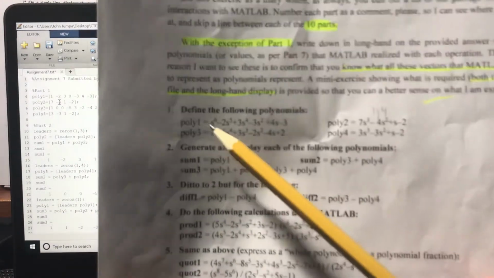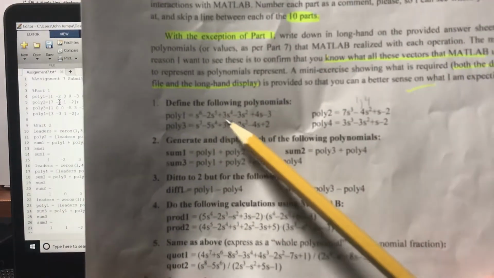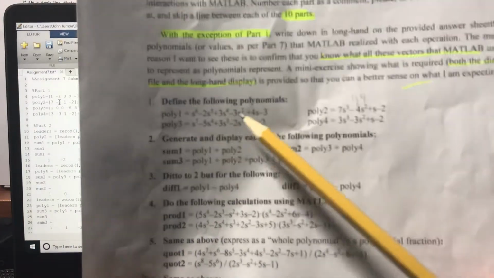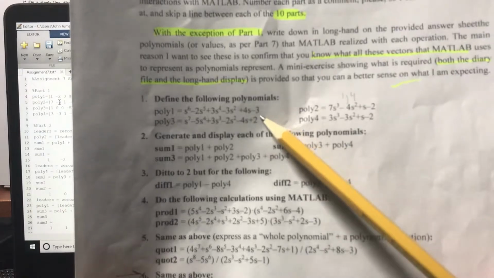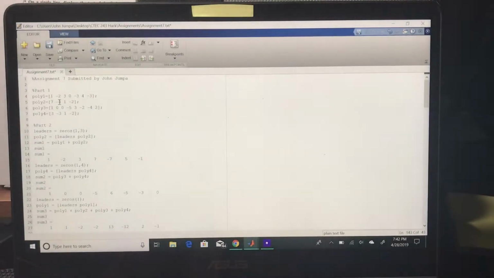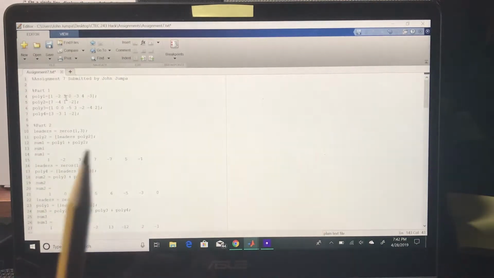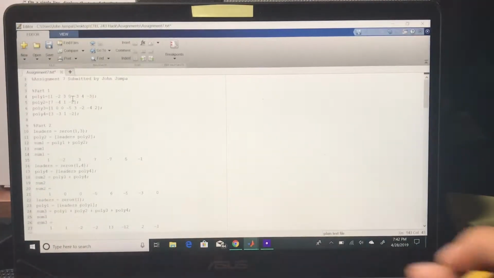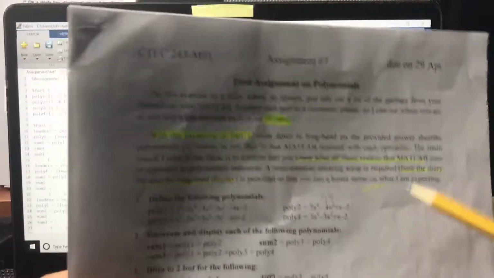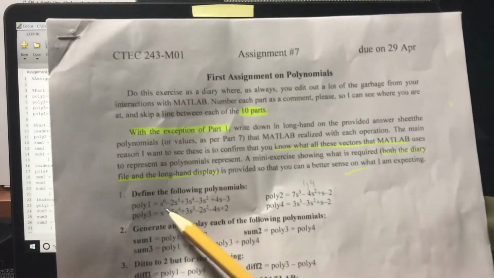So it's 1, minus 2, plus 3, or just 3, minus 3, 4, minus 3. And that's where we got what to put in here in this poly: 1, minus 2, 3, 0. There's a good reason for that, which is that you have to put all of them, not just the ones that are shown.